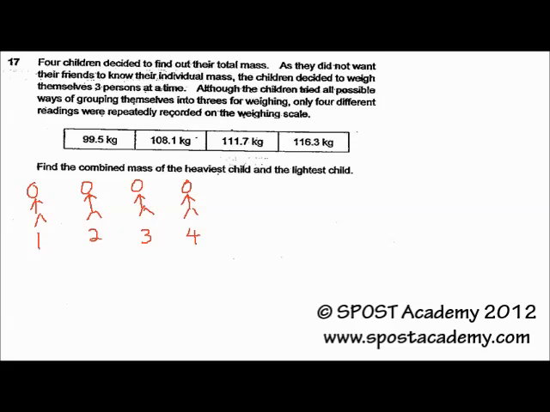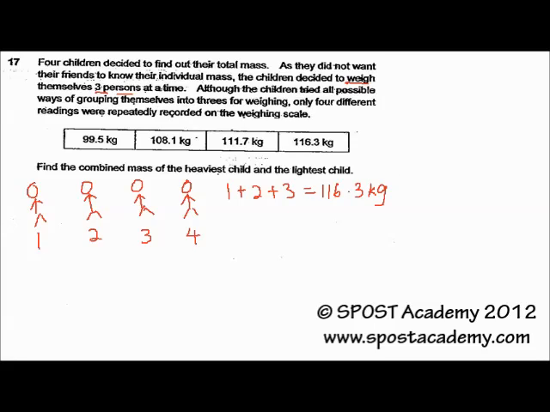So to get the heaviest weight, I would have 1 plus 2 plus 3, because they say that they will weigh themselves 3 persons at a time. To get the largest possible mass, I would use the top 3 masses and add them together. If you look at the 4 options, you can see that it will give us 116.3 kg.